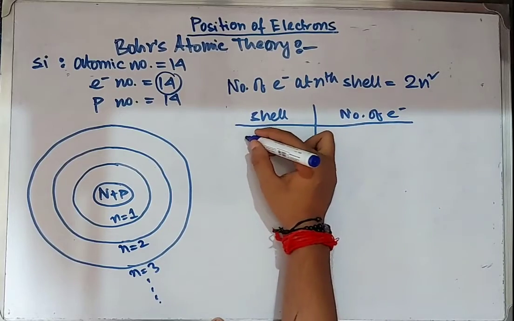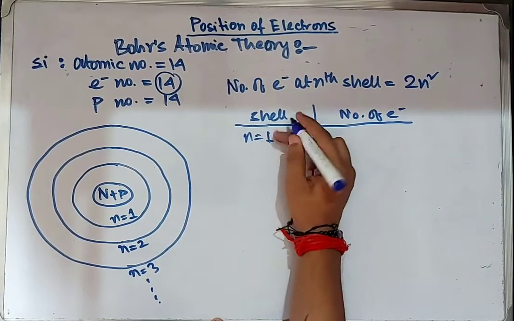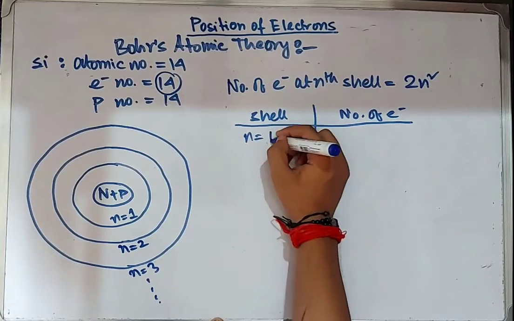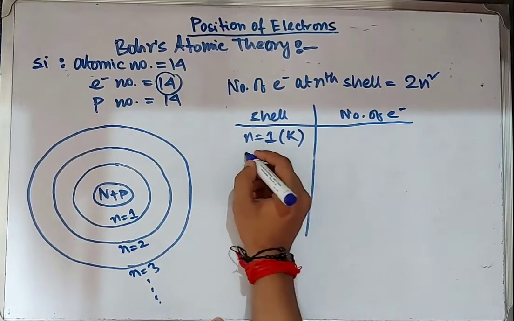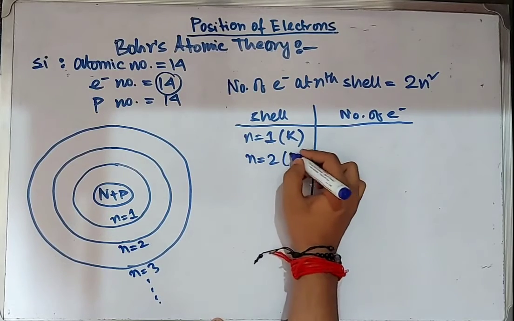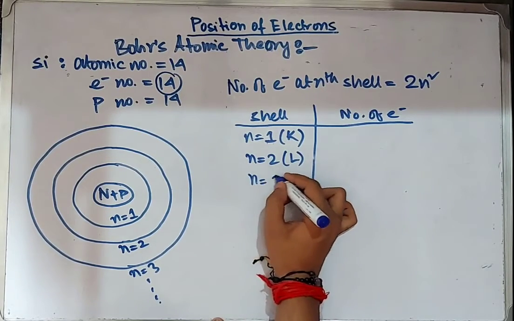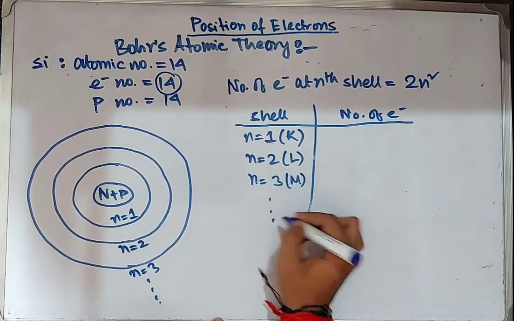If we talk about n equal to 1, it is nomenclatured as the K shell. N equal to 2 is L, n equal to 3 is M, and so on.